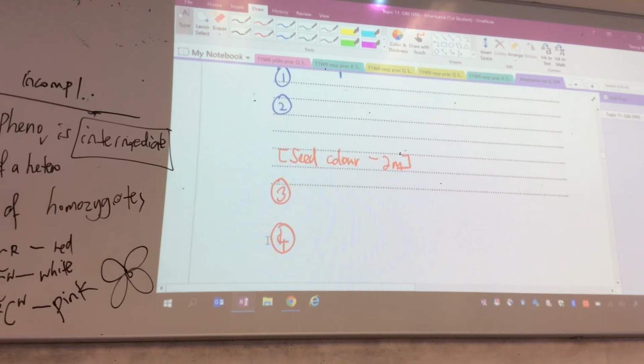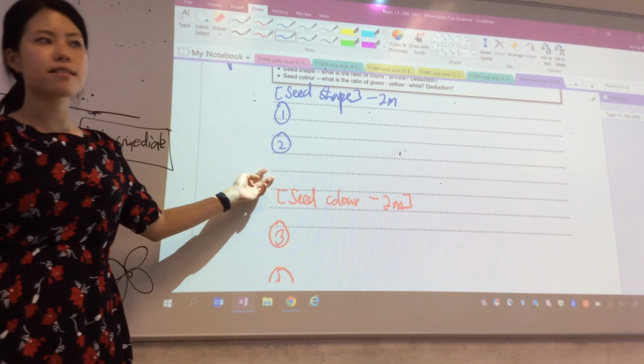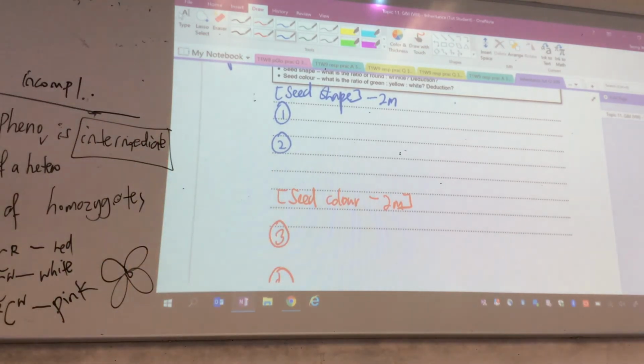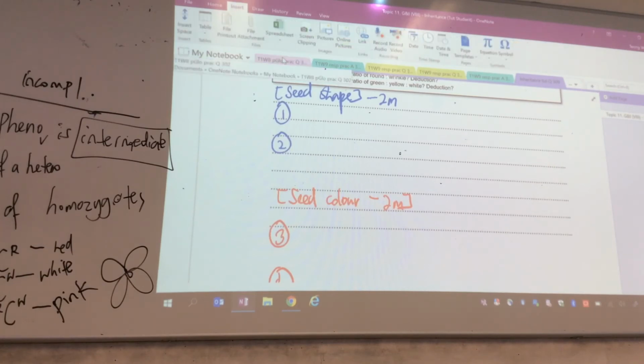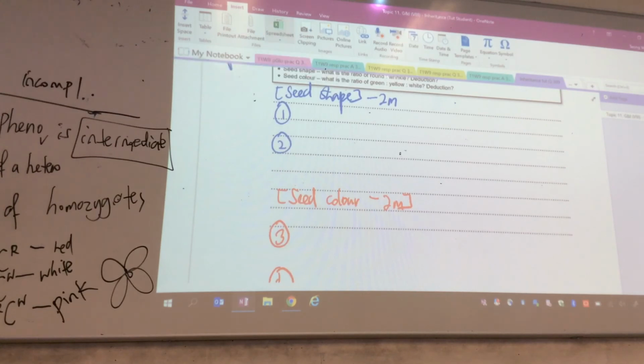I'm going to show you the answer later. Can we just discuss the outline of the answer? For the seed shape, what do you think is expected in your answer when they ask how the inheritance of the characteristic is different? For seed shape, it's not different, so we can talk about it quite easily. Ratio, very good, because there's a reason why they give you data.